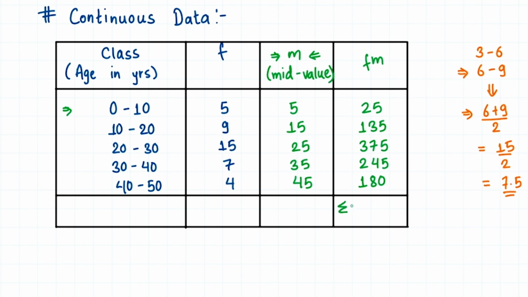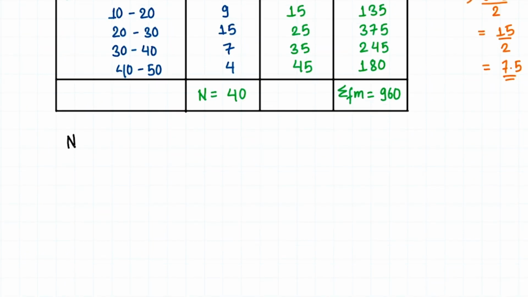So we have our fm. Now our summation fm is going to be the sum of all this data, right? And it's going to be 960. Again, our number of items is this one, right? It's the sum of all the frequency, which is going to be 40, okay? Now, to find our mean, since we have m instead of x here, we're going to write summation fm instead of summation fx divided by n, okay?